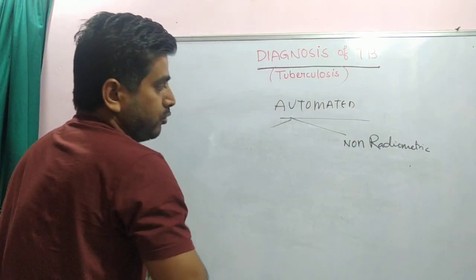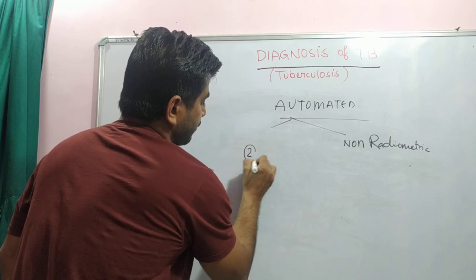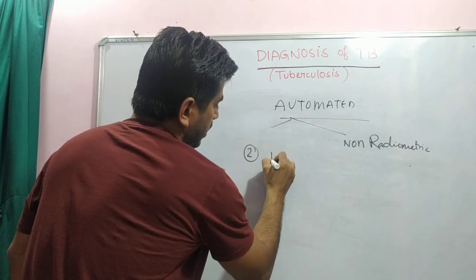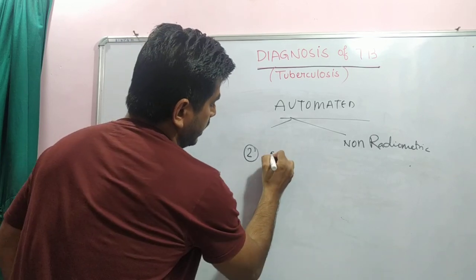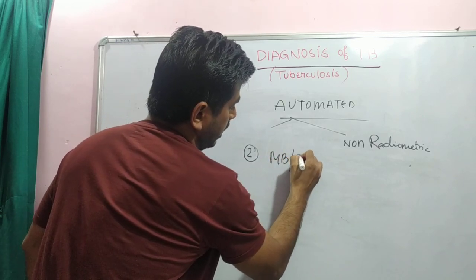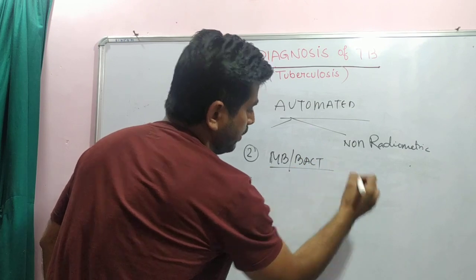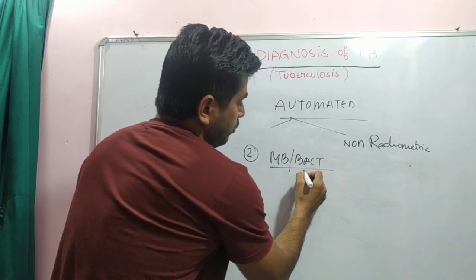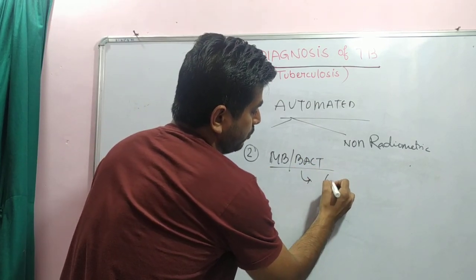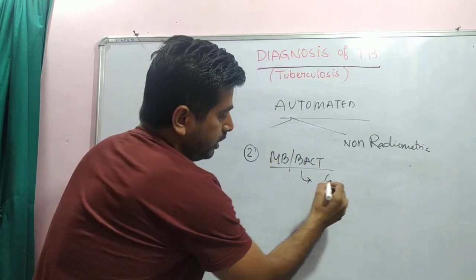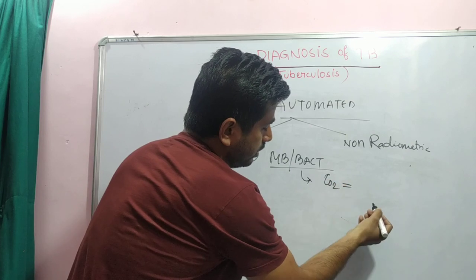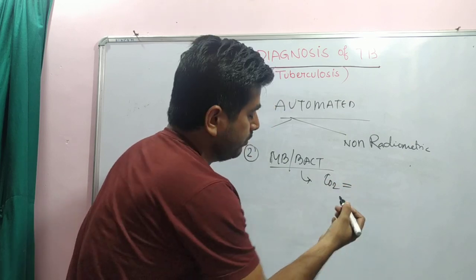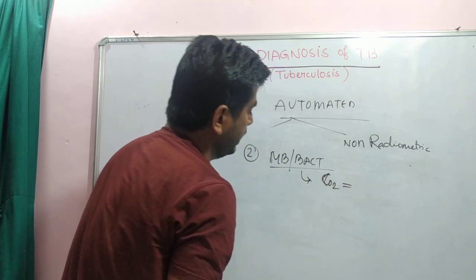Number two important non-radiometric method is the MB-BACT method. Here we use carbon dioxide sensitivity.